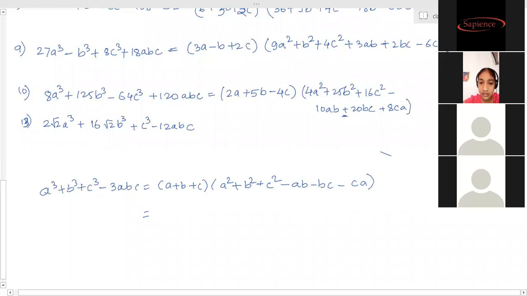Substitute the values. What is the value of a? The 10th one. 8. A value is 8.